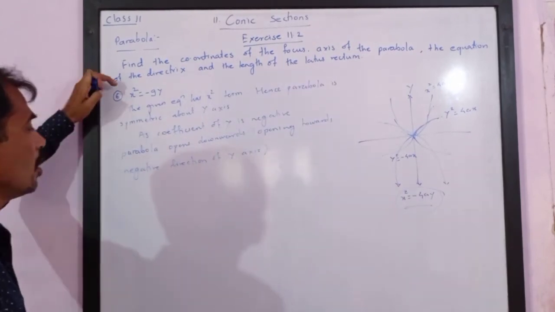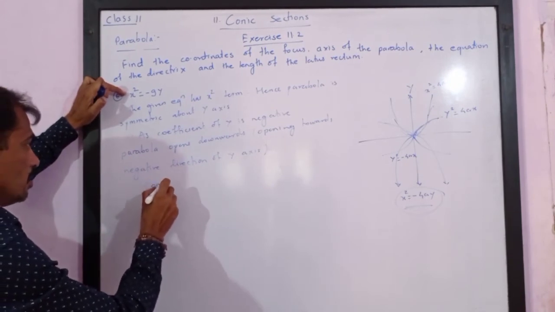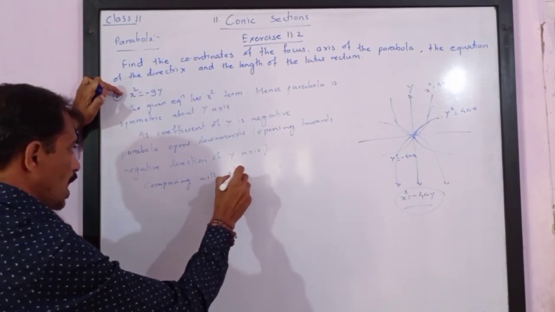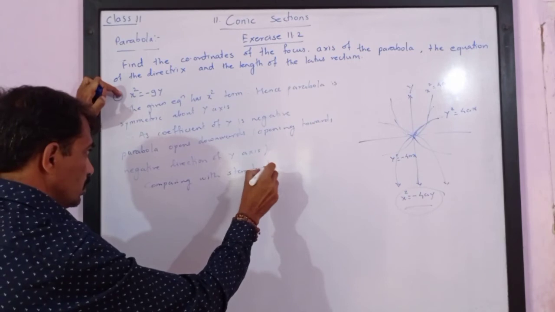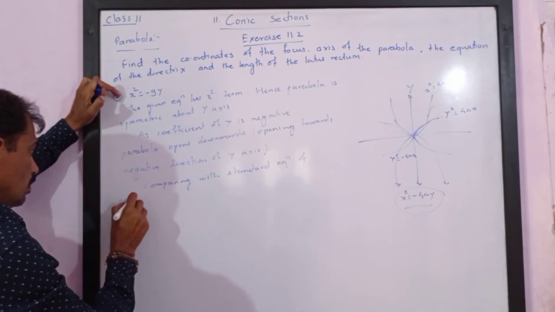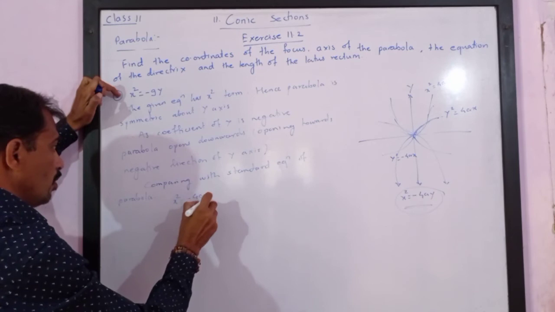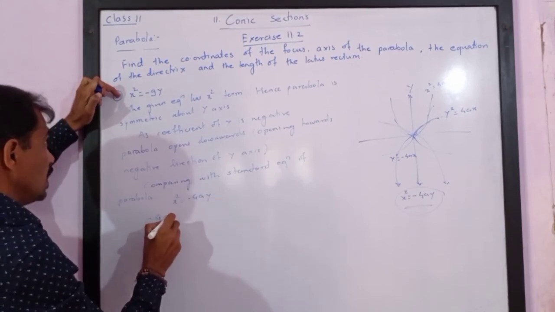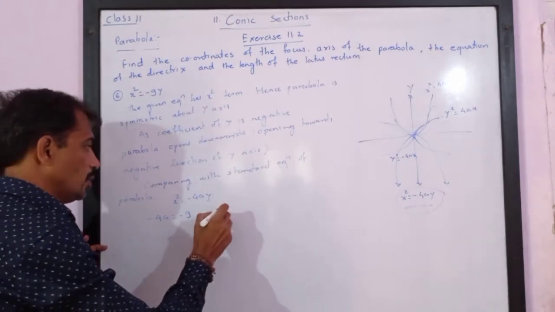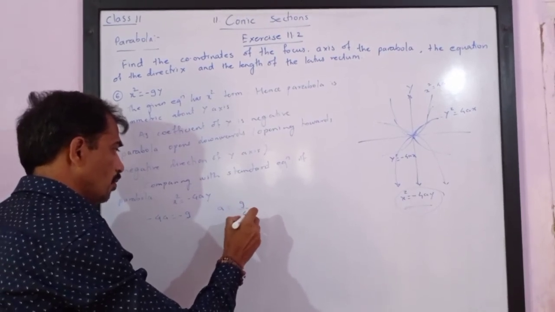Now comparing with the standard equation of the parabola, that is x square is equal to minus 4ay, we have minus 4a is equal to minus 9. So it means we will get a is equal to 9 upon 4.